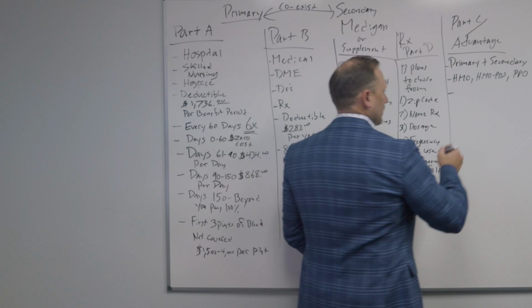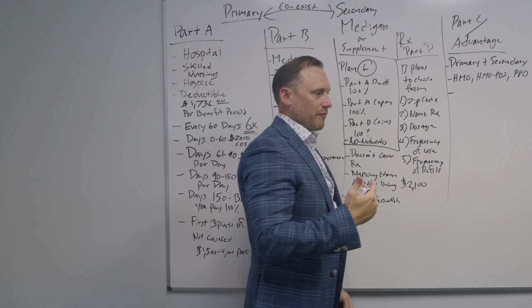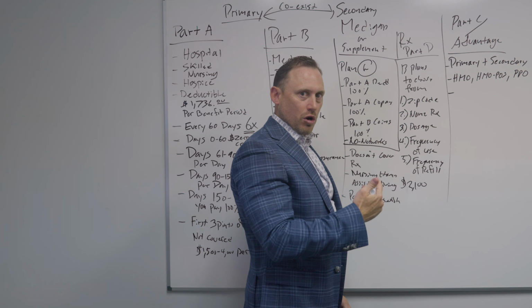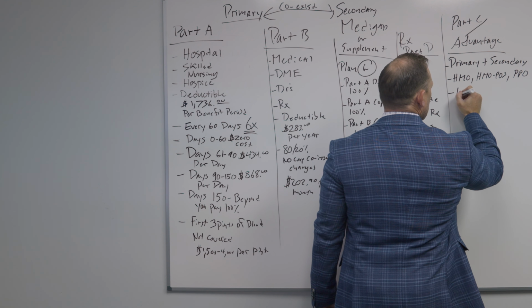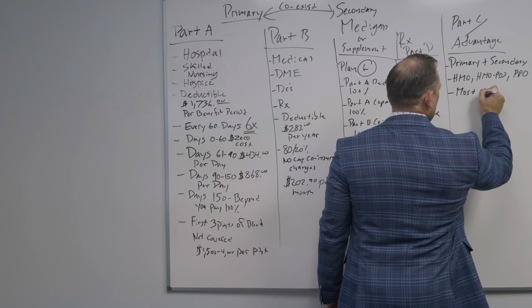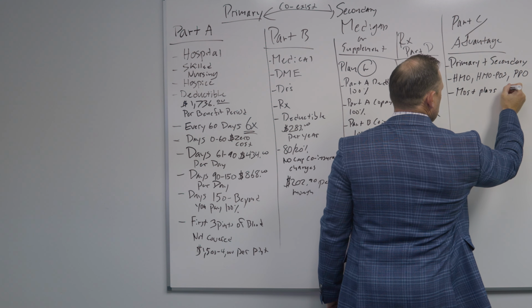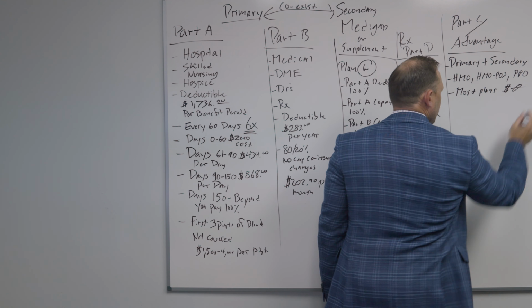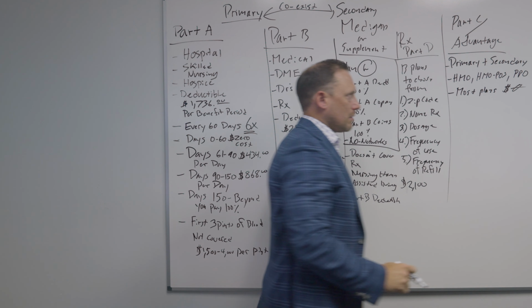Now, what people find attractive or are drawn to in Medicare Advantage is that most plans don't have a monthly premium. Whereas a Medigap Plan G, the premiums are based upon your zip code. So they all have a premium.